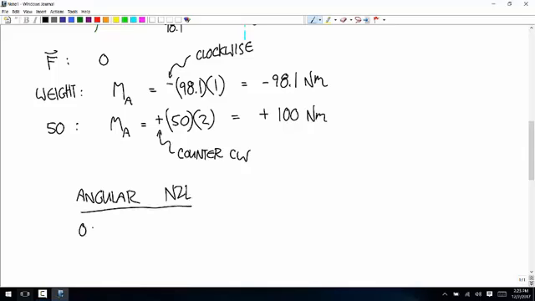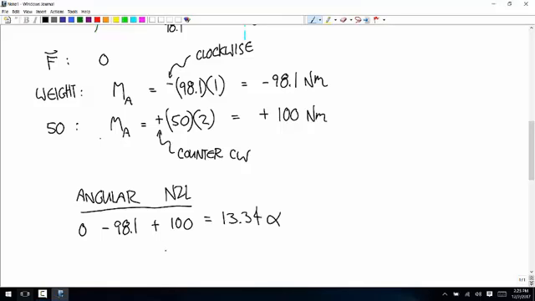So we have 0 minus 98.1 plus 100 is equal to 33.34, no, what was it, 13.34 times alpha.